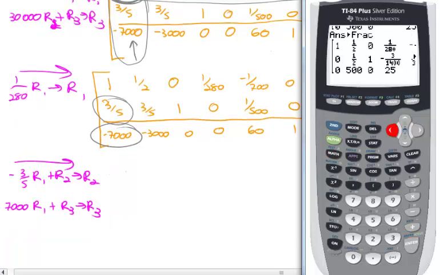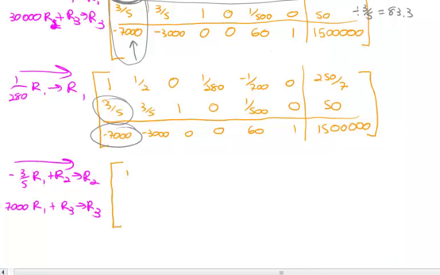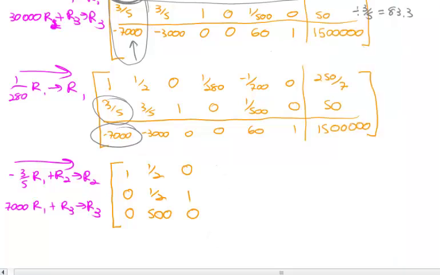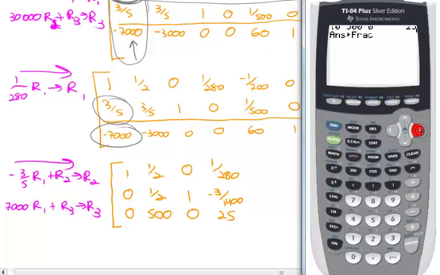So copying this matrix down, we got 1, 0, 0, 1/2, 1/2, 500. 0, 1, 0. 1 over 280, negative 3 over 1400, 25. I'll scroll over and see if we can get the rest of this matrix on the screen.